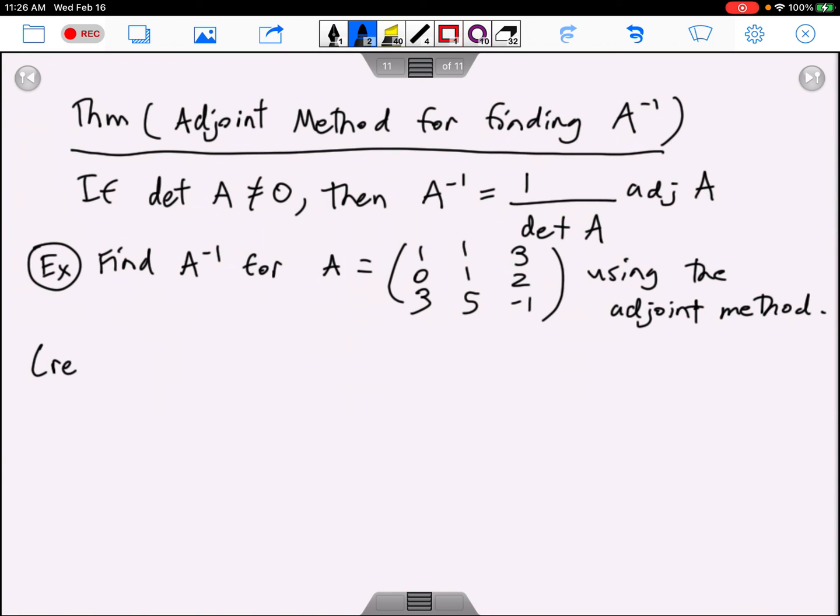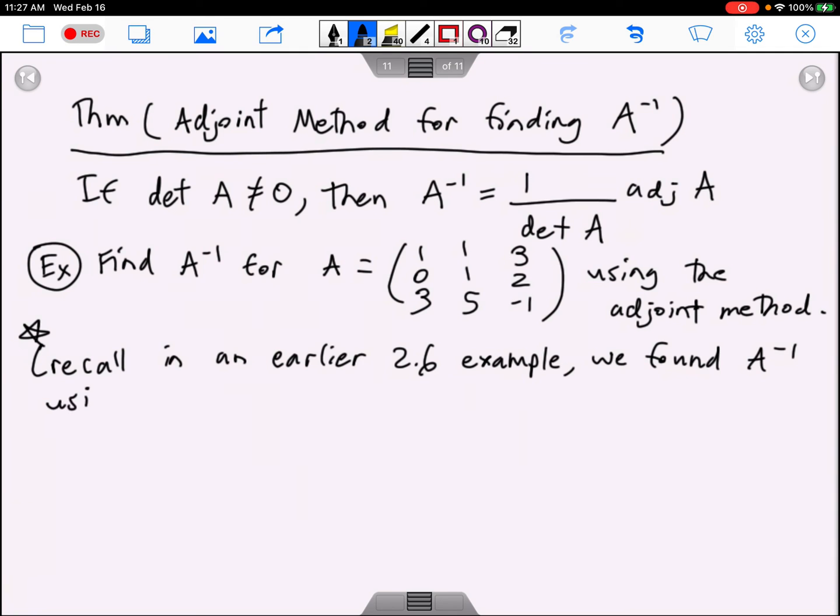So I want to just put a note here just so you can look back, recall in an earlier 2.6 example, we found A inverse using the Gauss-Jordan method.